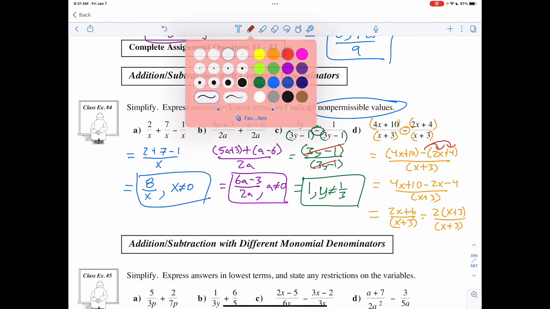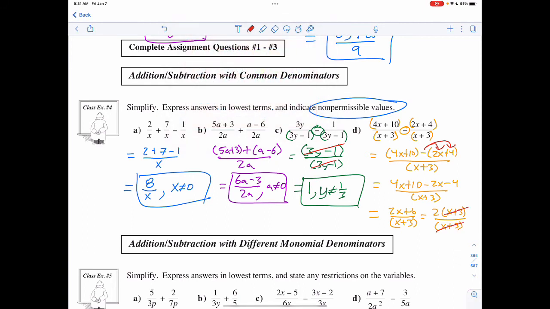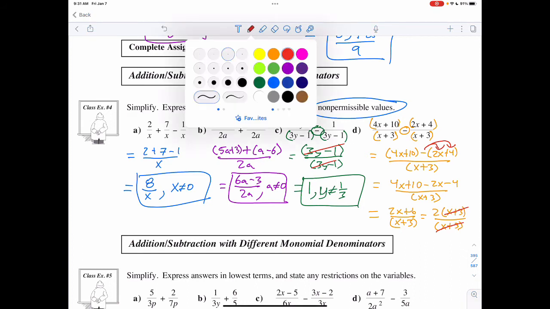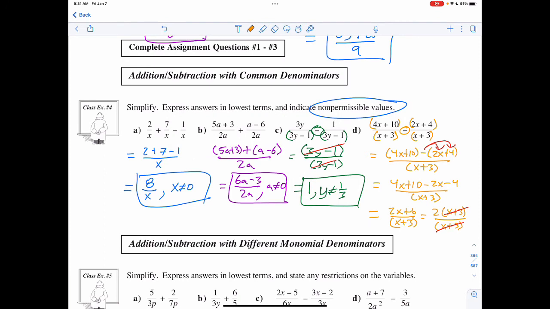It is a common factor of x plus 3. Which means that it's just going to equal 2, but I still need to state the restriction that x cannot equal, what was our denominator, or our LCD. I can pull the non-permissibles from the LCD and say that this is true as long as x does not equal -3.